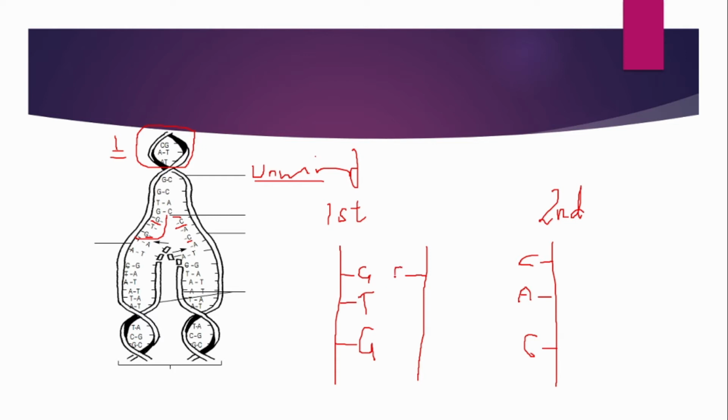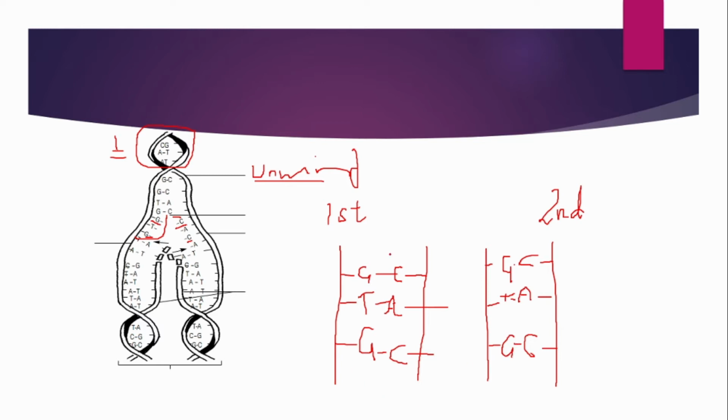Guanine connects with cytosine, thymine with adenine, and guanine again. Weak hydrogen bonds. And then in the second one, also the complement is going to be built, thymine and then guanine.